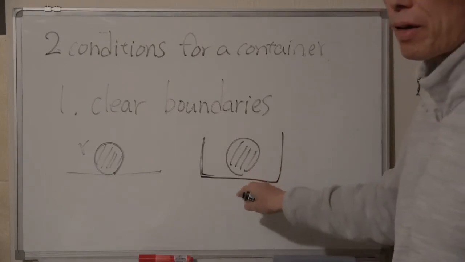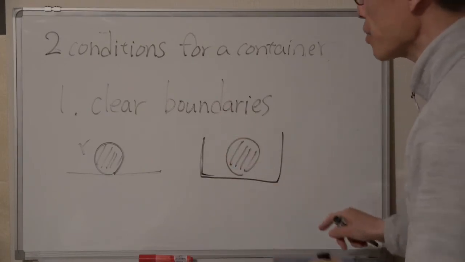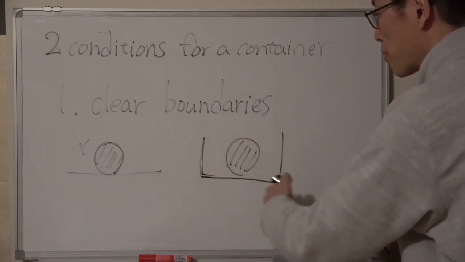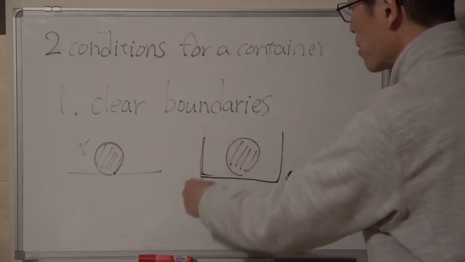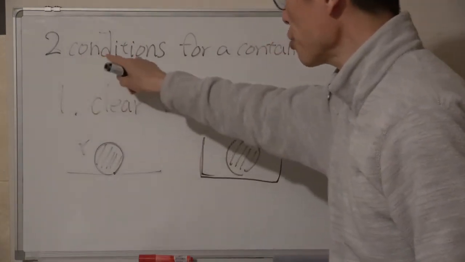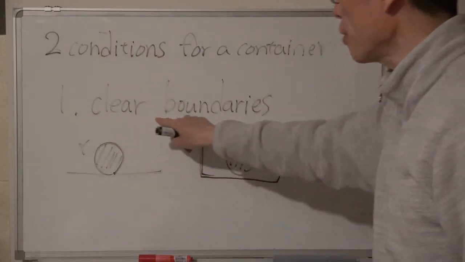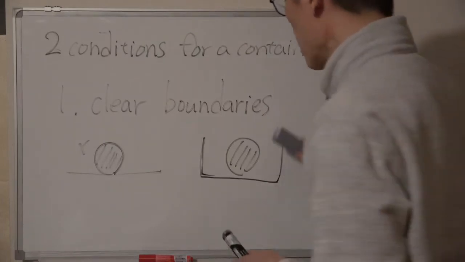Does this look like a container? It does. Yes, it does. Because it has two boundaries. So, a container has to have two boundaries. Remember? Two conditions. Number one, clear boundaries. 明確な境界線.